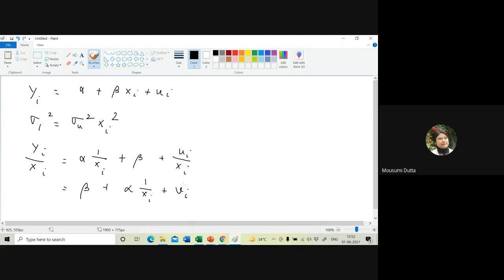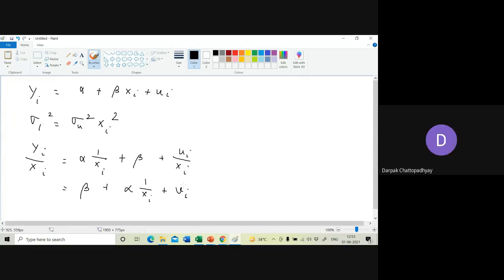Interpretation of alpha and beta are just changing. In the original model, alpha was intercept, beta was gradient. In the transformed model, beta is the intercept, alpha is the gradient. So all these things may appear. So do not compare the transformed model with the original model. Treat these two things as two separate regression equations. Okay, Darpok?